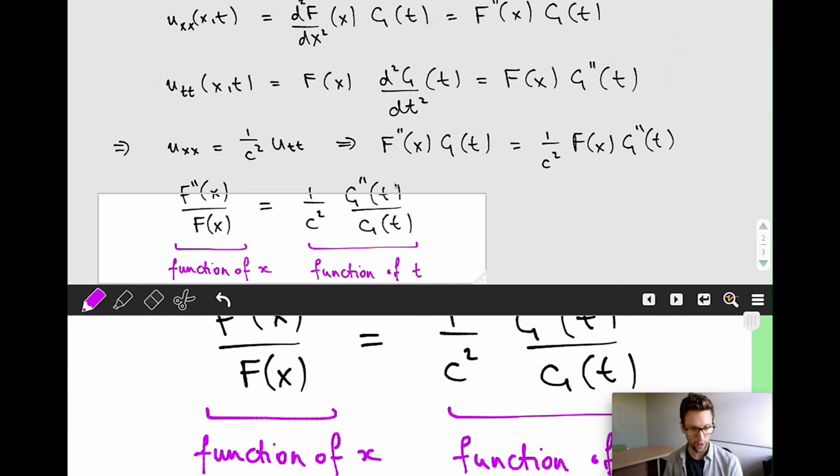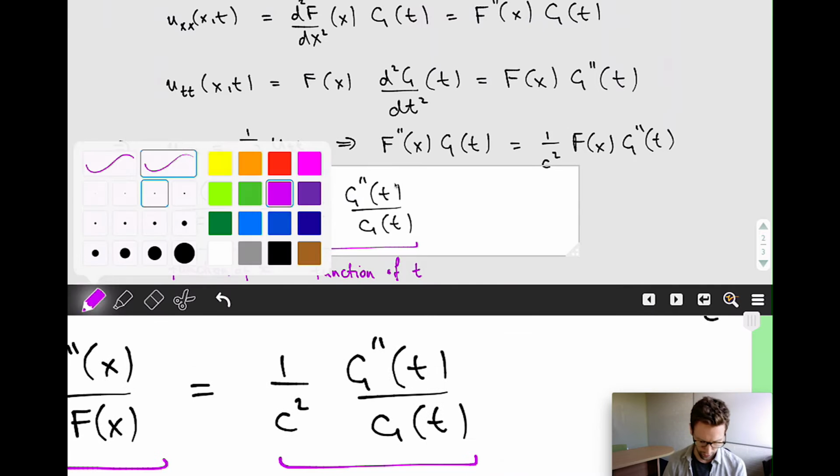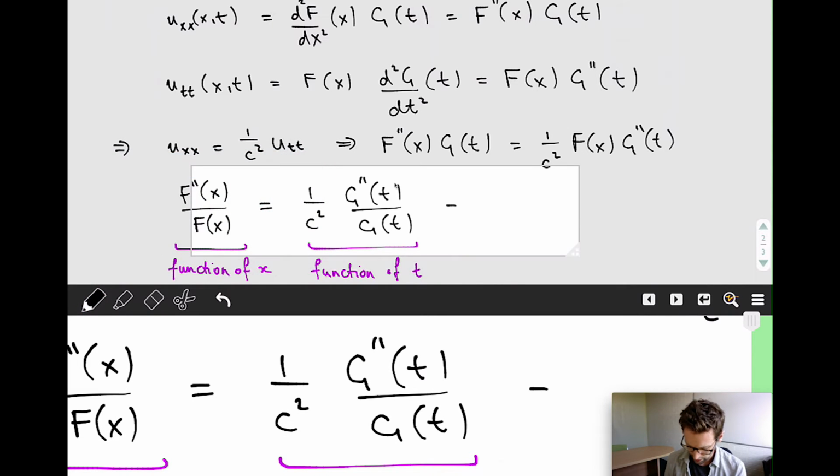So this is our usual argument: if I've got a function of x equal to a function of t, the only way those two functions can be equal to one another is if they're both equal to a constant function. So k is a constant.